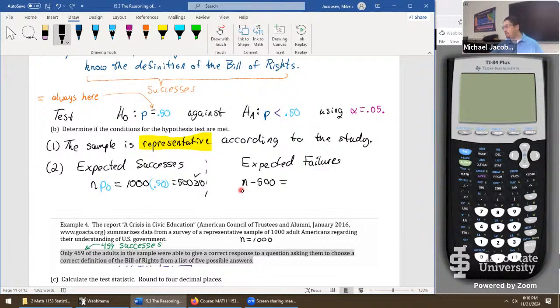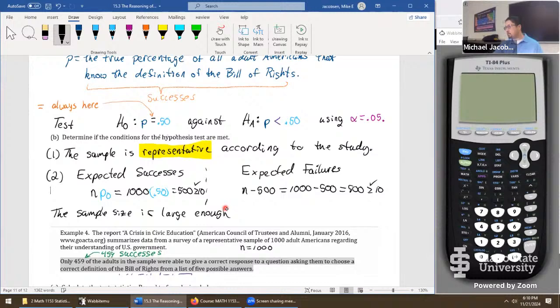Let's substitute in the value for N. 1,000 minus 500, which is now equal to 500 again, greater than or equal to 10. So we can say the sample size is large enough and the conditions are met.